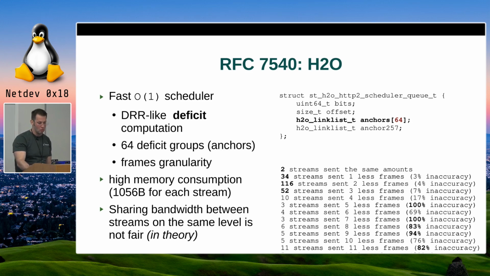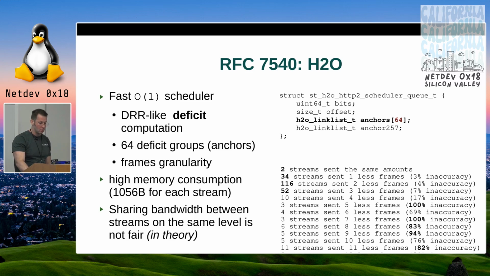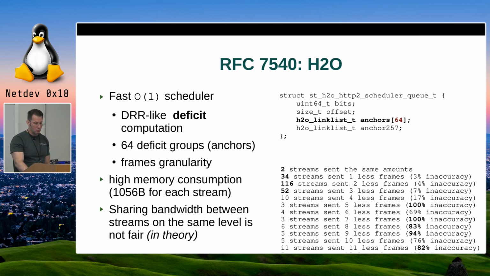That was H2O. H2O uses an amazing scheduler which works in constant time. It's a deficit-based algorithm, and it works on an approximated version of the weighted fair queuing algorithm, and uses 64 uncles.